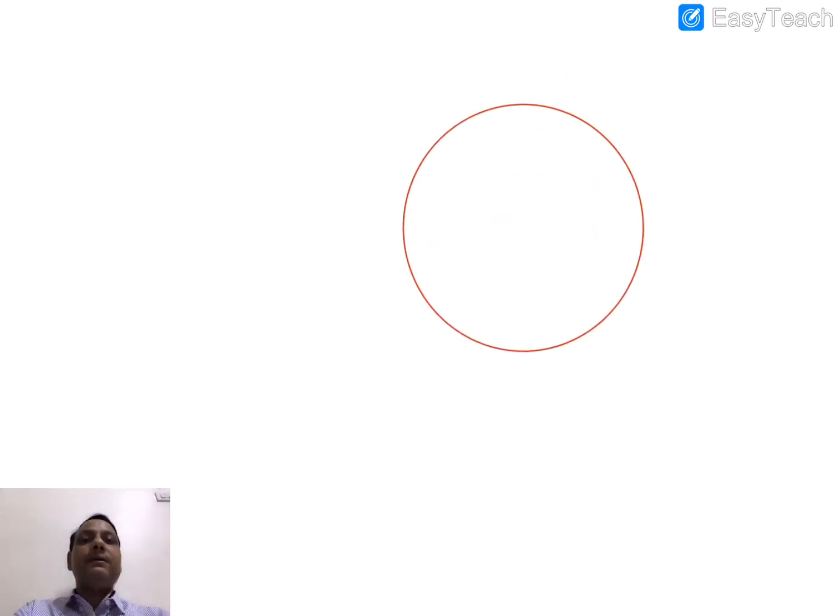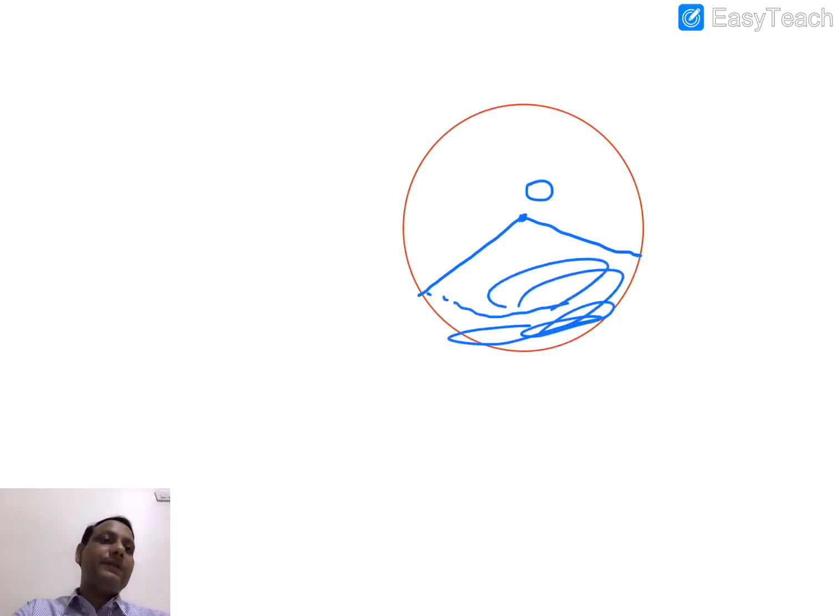First of all, I am going to choose a circle, and that circle is going to help us. The center is here, and here is the radius that I told you about. This colored portion is your sector.